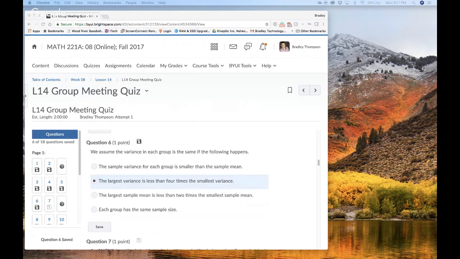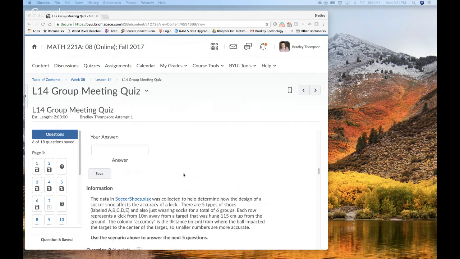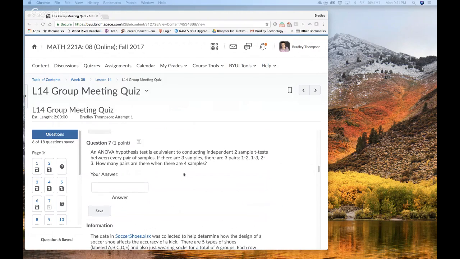So, number 7. Connecting an impedance to 3 samples that are 3 pairs. I put 4. 1, 2, 1, 3, 2, 3. Well, I think it's 4 on that one also.